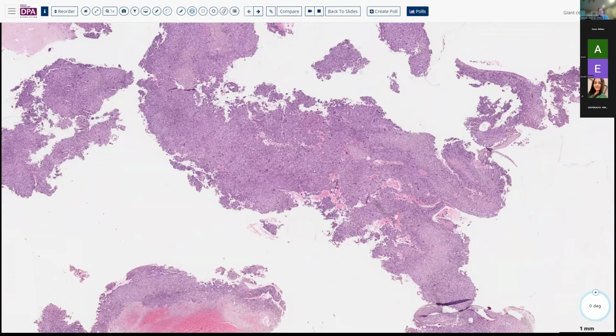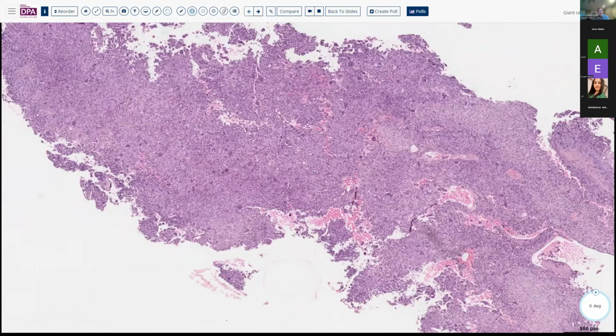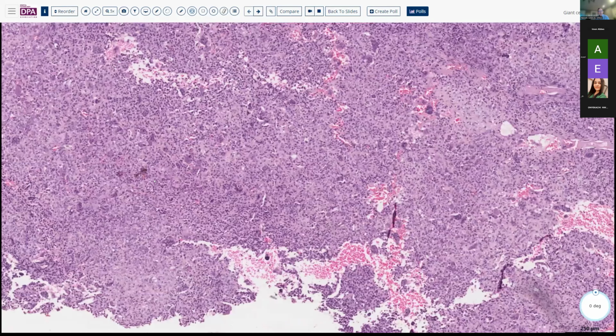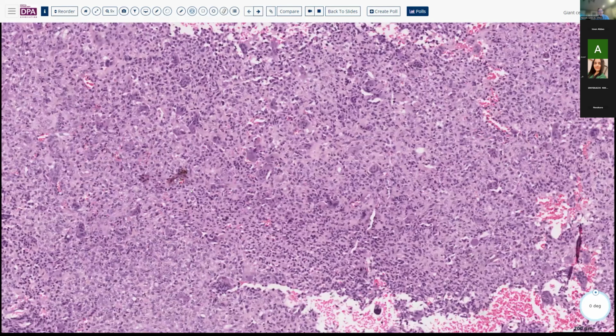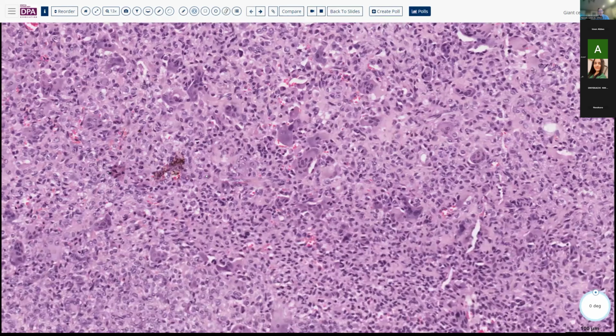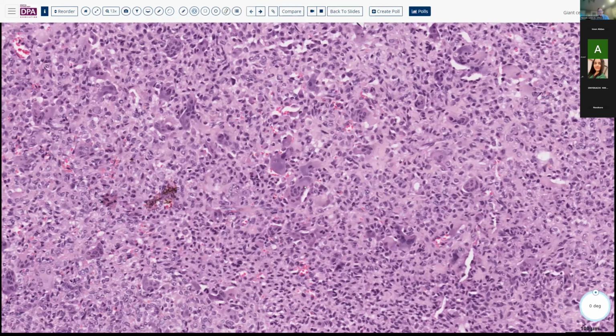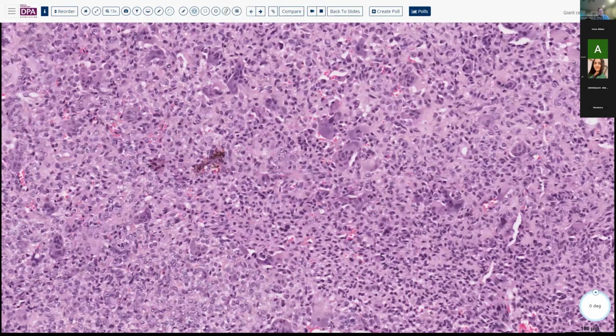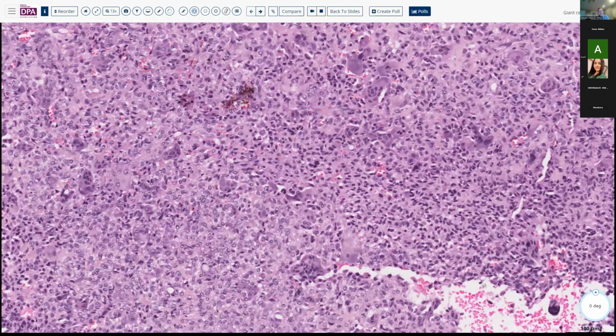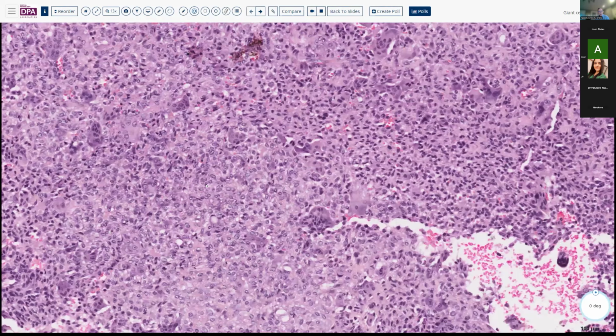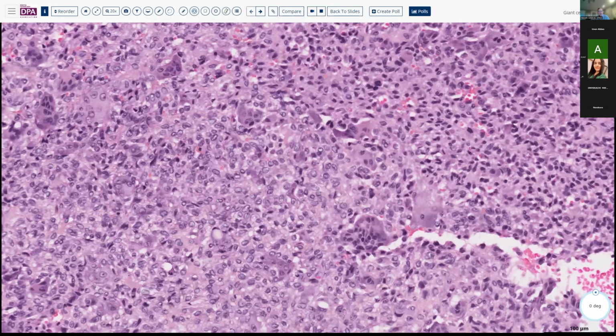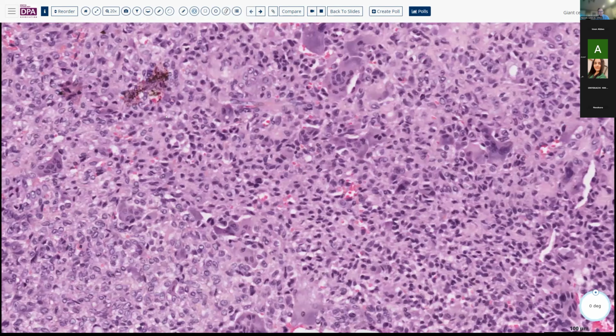So we'll take a look at some of these high cellular areas. And indeed, as we come into magnification, we do have multinucleate giant cells in the mix here, as we do with many bone lesions, of course. And then we have some stromal cells or other cells surrounding it, which have fairly large nuclei, but a moderate amount of cytoplasm as well.